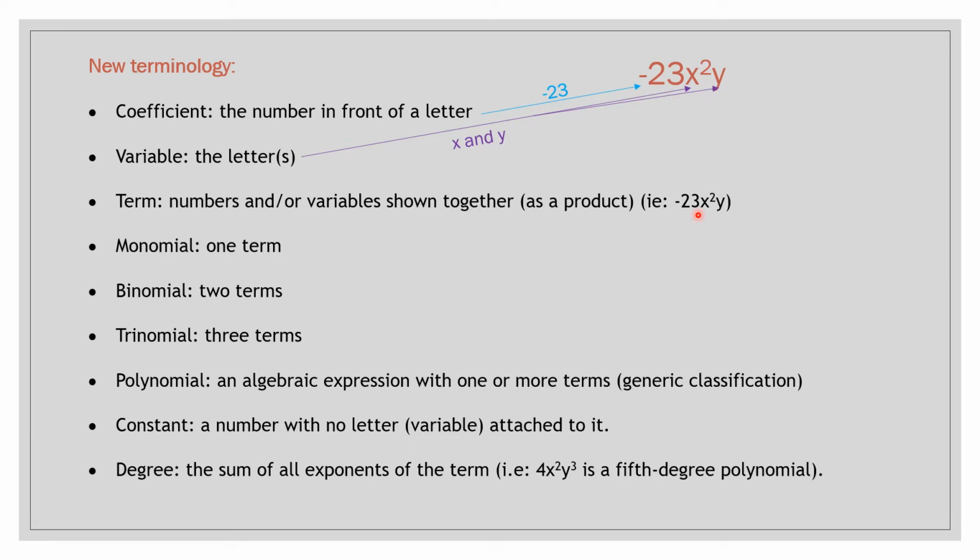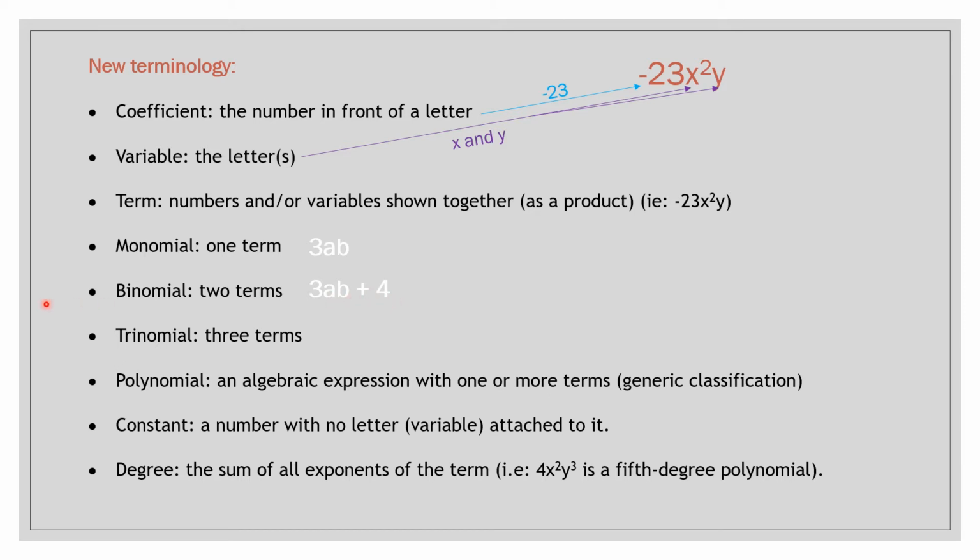A monomial is just if you have one term, like 3ab. I hope that white shows up for you. It's a bit faint. 3ab is one term. It's one piece all together because everything's attached with multiplication. That's 3 times a times b, so that's a monomial. A binomial is two terms, and you know it's two terms because of this plus or minus sign separating the two pieces.